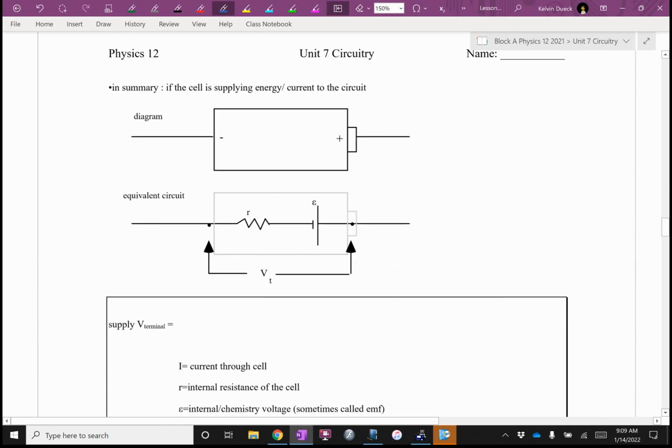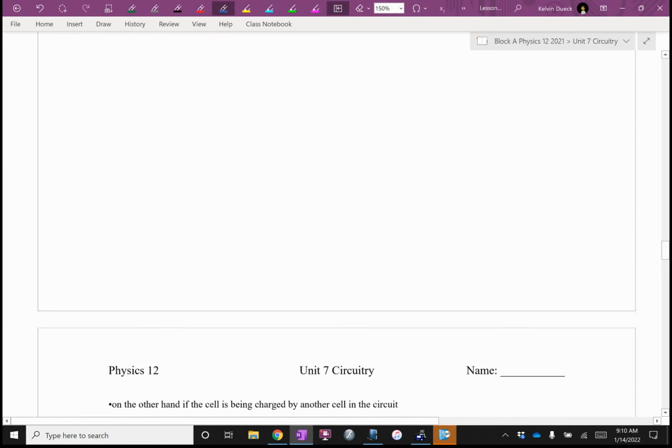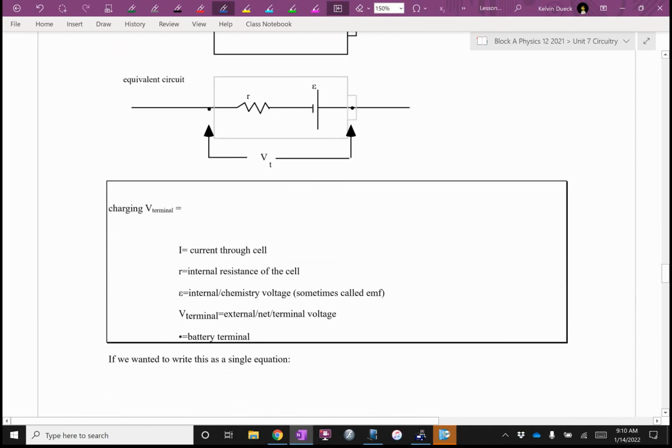So in summary, if the cell is supplying energy or current to the circuit, terminal voltage is the EMF minus what you lose going through the battery. If we're recharging, the terminal voltage is the EMF plus what you gain going backwards through the battery because you're being forced to buy another chairlift.